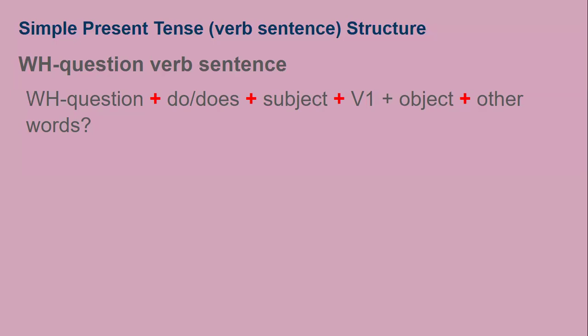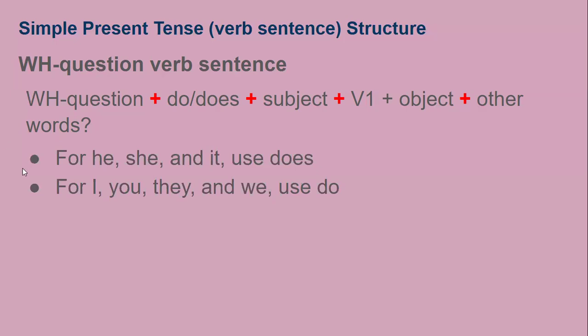And lastly, we put other words of our sentence. And of course, we put the question mark to show that it is a question. Now, just to reiterate, for he, she, it, use does. For I, you, they, and we, use do.